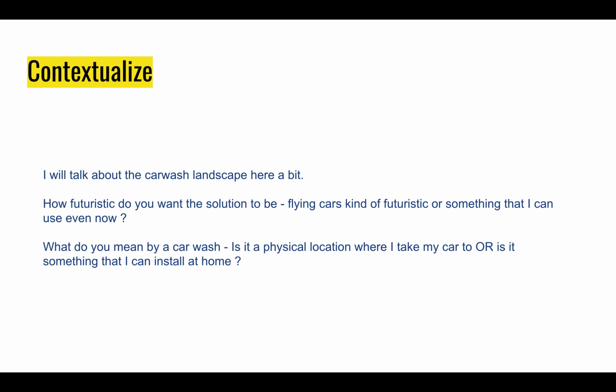Also, I would like to clarify what does he mean by car wash? Is it a physical location where I take my car to, or is it something that I can install at home? So both these questions are a good way to get context of the question that's been asked.